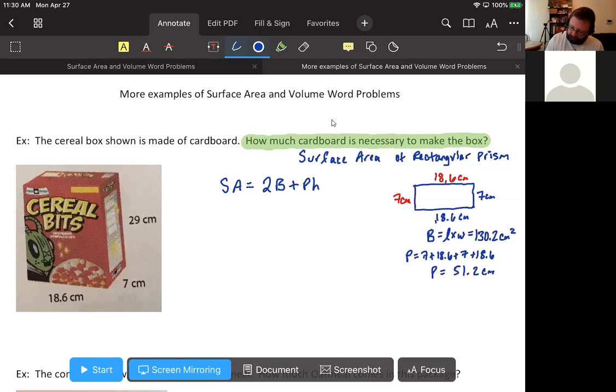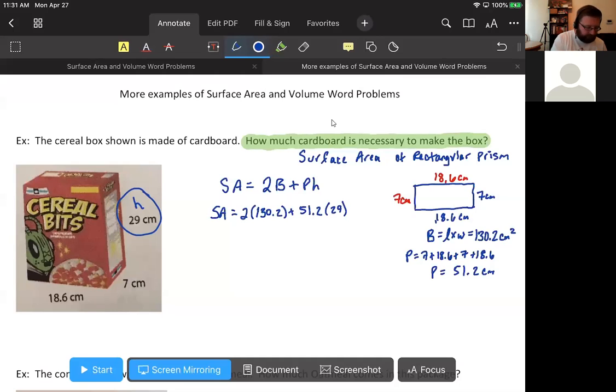Then we take those, and the height of the prism, which is 29 centimeters, and we plug those all into our equation. So our surface area is 2 times the area of the base, which was 130.2, plus the perimeter of the base, 51.2, times the height of the prism, 29.